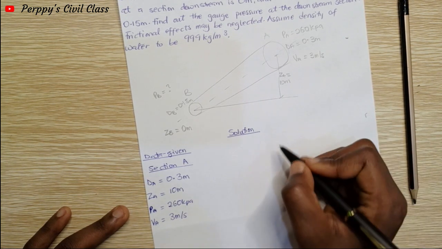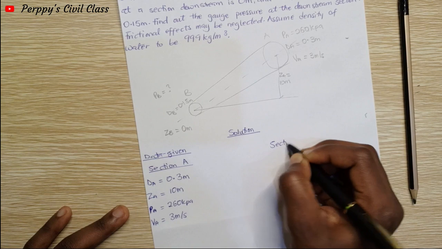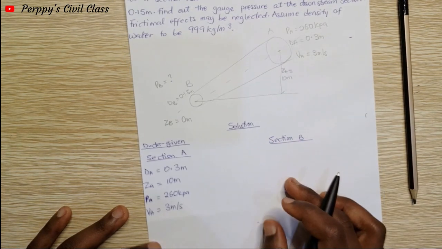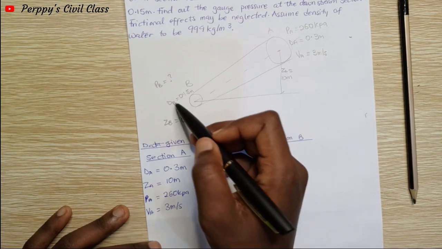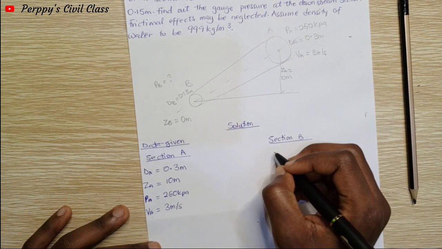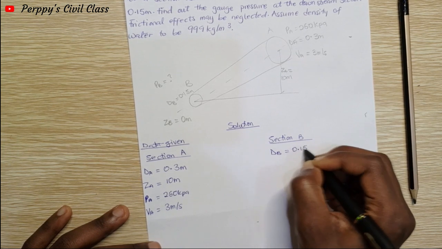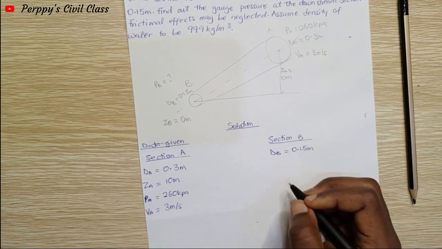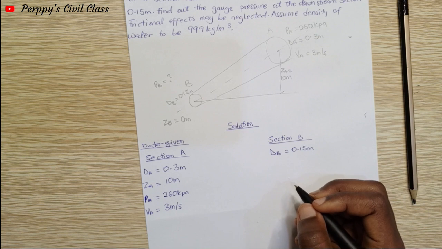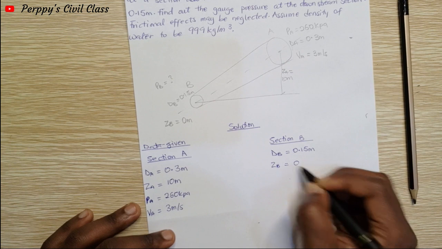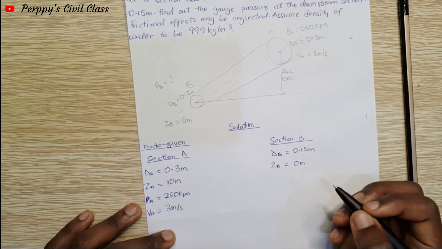Now section B, the downstream. We have the diameter of the smaller pipe, DB, equal to 0.15 meters. And then we have the elevation ZB equal to 0 meters.